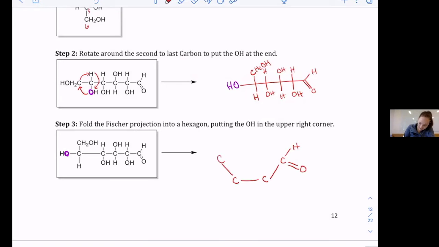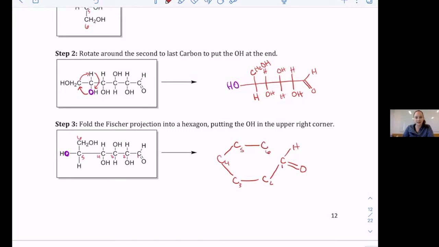We're going in a hexagon. Those are my 6 carbons in a hexagon. I am not going to connect them quite yet. You will see why. Let's number these again. 1, 2, 3, 4, 5, 6. Same number of carbons in both structures.